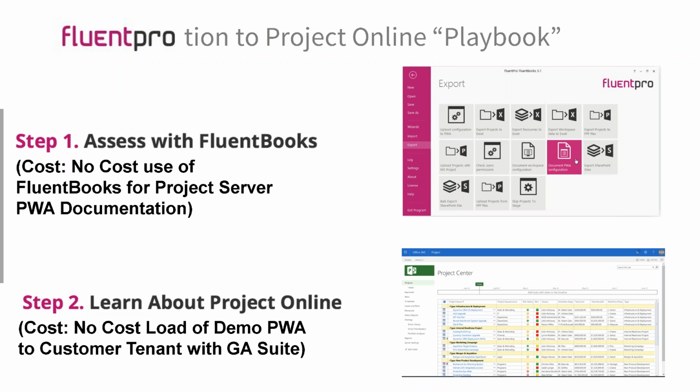I know there are other ways of obtaining demo sites, but in this case, we have found that providing internal access to customer stakeholders to Project Online within their own tenant gets more folks involved, gives more ownership to the migration project, and gives the team members who are going to be migrated from Project Server an early experience of using Project Online.